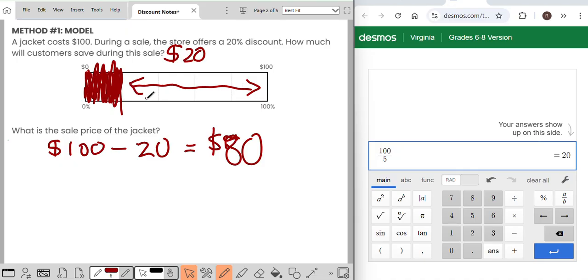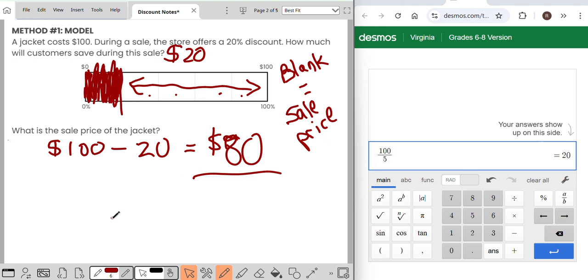That blank section, those 4, if you add them together, 20, 40, 60, 80. The blank part of the graph equals the sale price. So that's another way to check to make sure that your sale price down here, $80, is the correct amount.